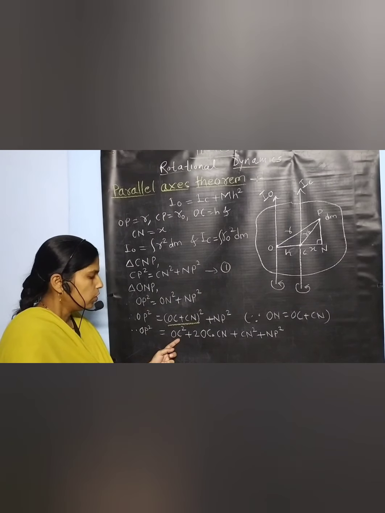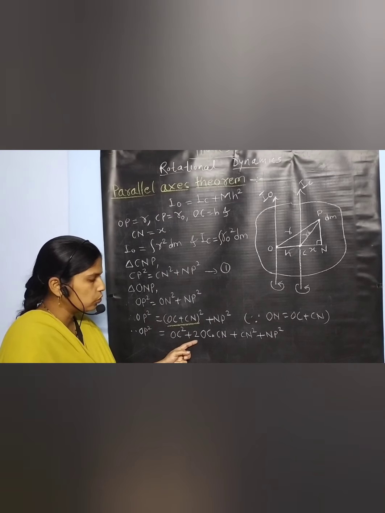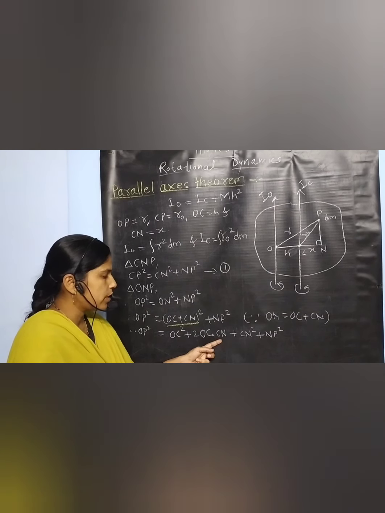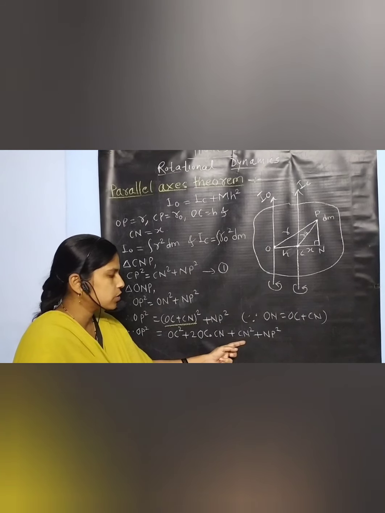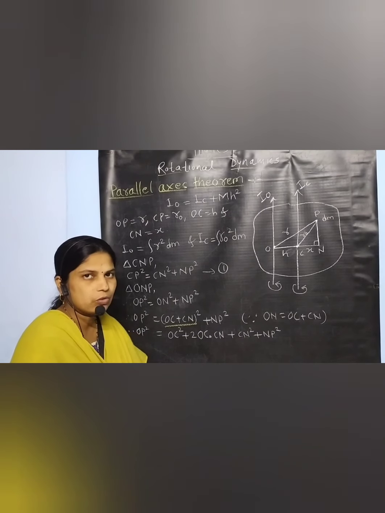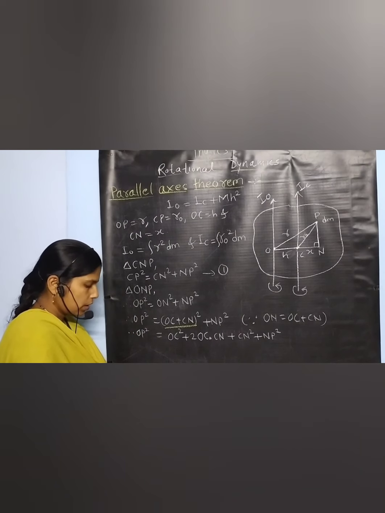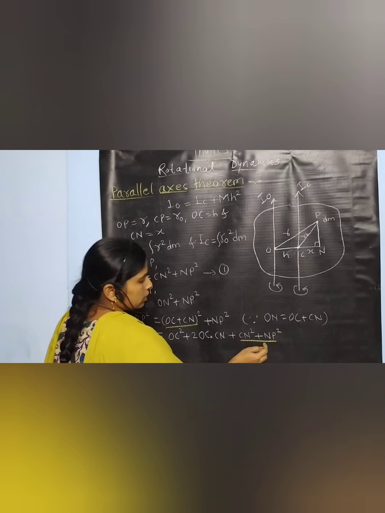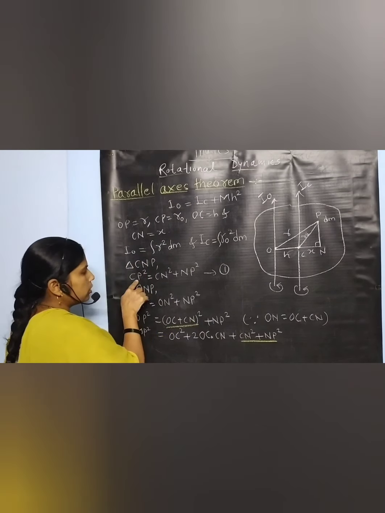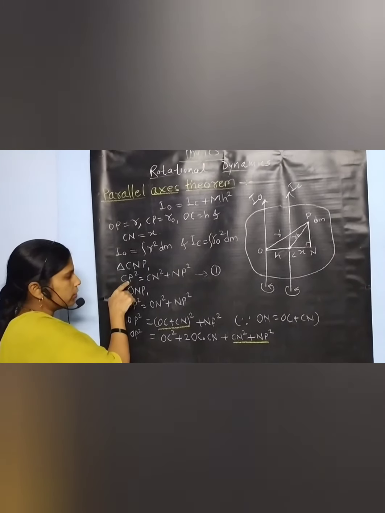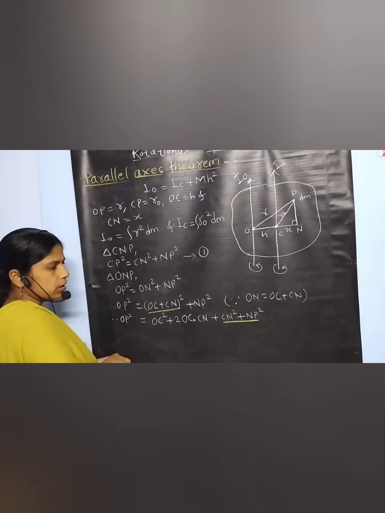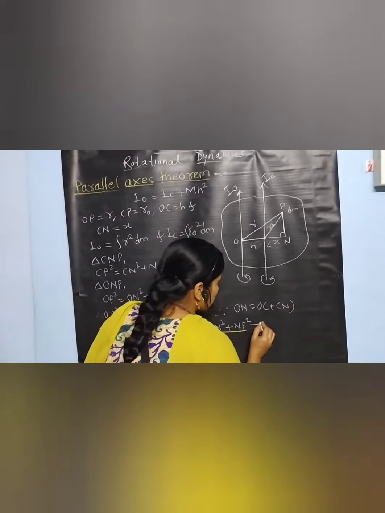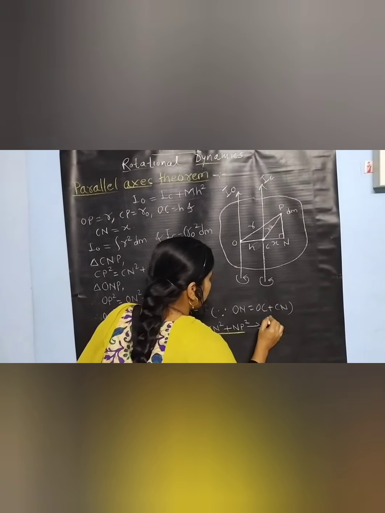In this equation, CN square plus NP square is nothing but, from equation number 1, CP square.